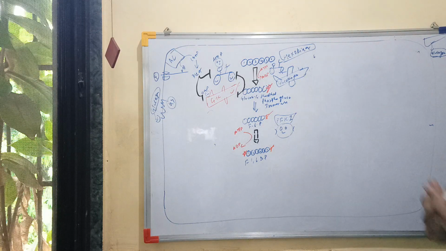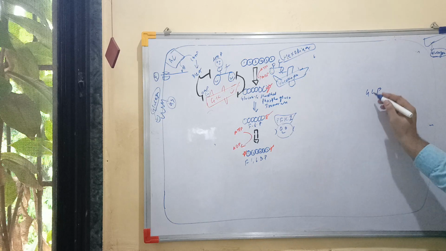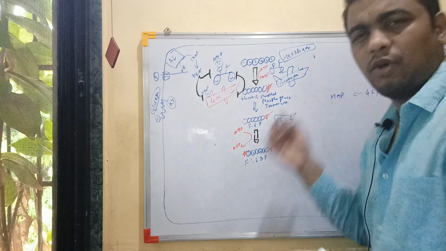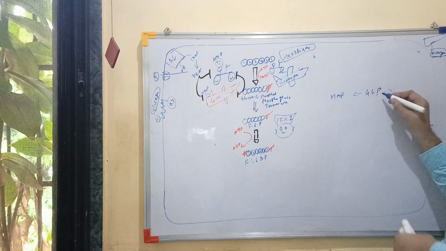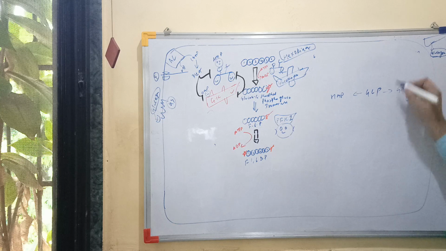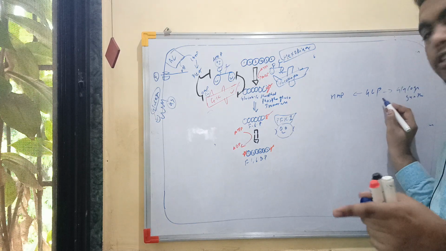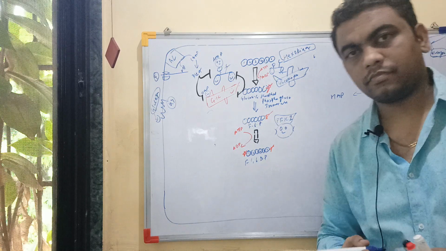For example, see, there are chances that your glucose 6-phosphate can go into the HMP pathway. We will discuss what the HMP pathway is. This glucose 6-phosphate can also go into glycogen synthesis. Glucose 6-phosphate is converted to glucose 1-phosphate, then to UDP glucose, and then it goes to glycogen synthesis.